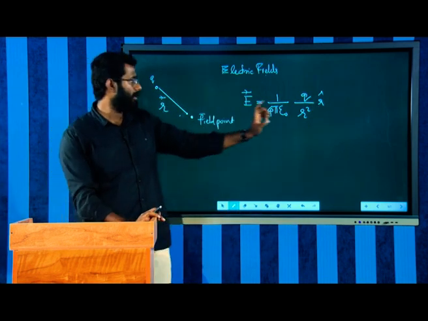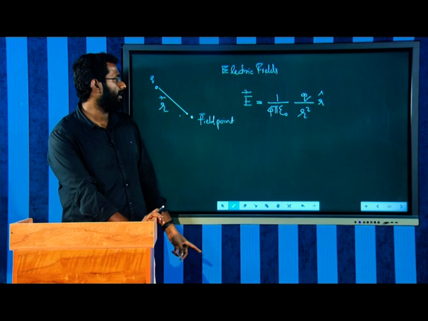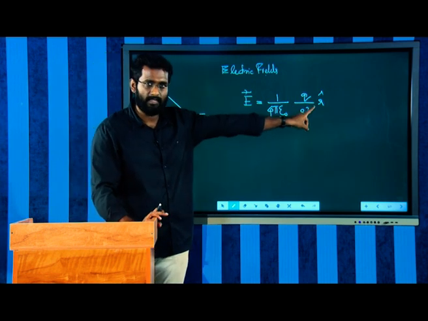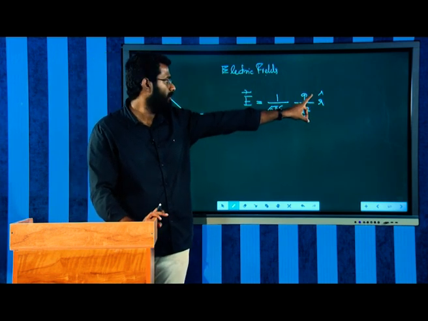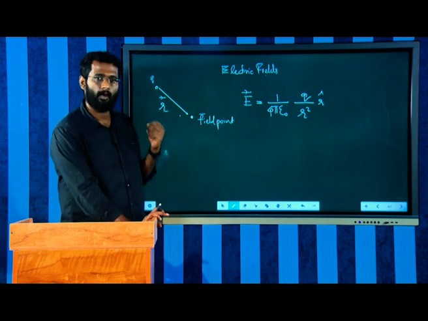And here also you see that electric field is a vector quantity, and it has a direction which is the same as that of the force experienced by a positive charge.